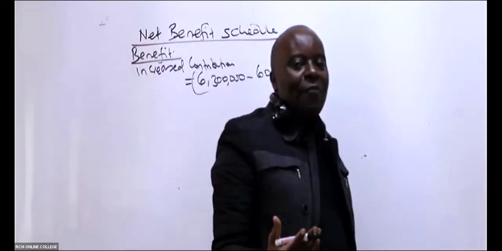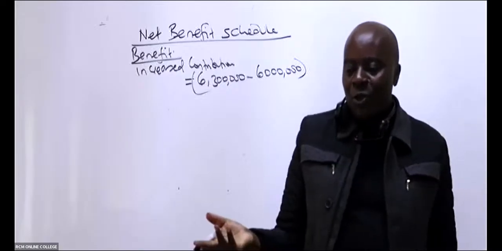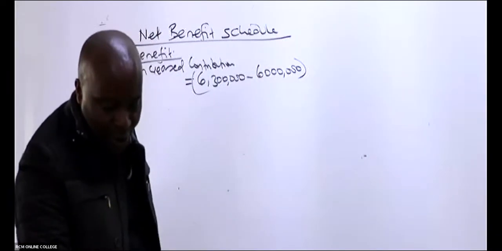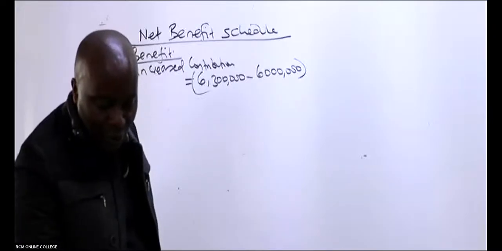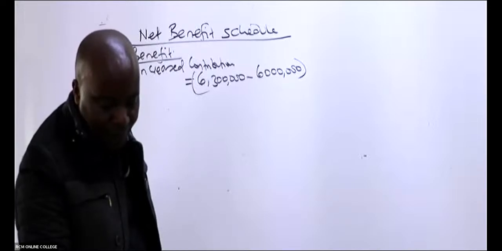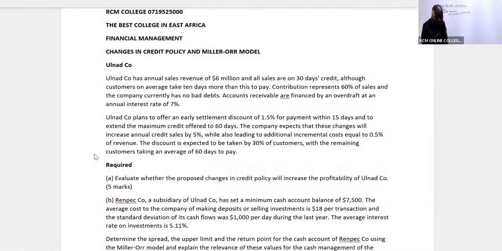And your examiner will give you the contribution ratio. How much will this policy now contribute? The examiner told me contribution represents 60% of sales, and I want the increase.